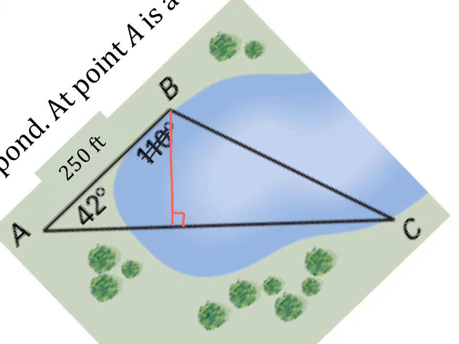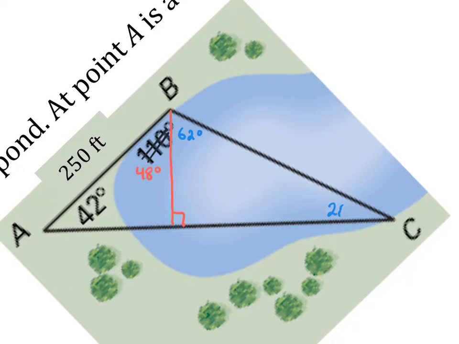So that means this one here has to be 48 degrees. And now when I subtract 110 and 48, this angle here is 62 degrees. So by extension, I can also find out what this angle is right here, which is 28 degrees.